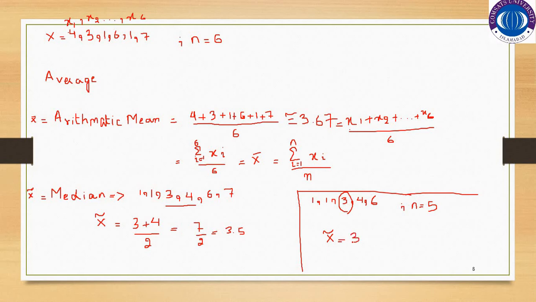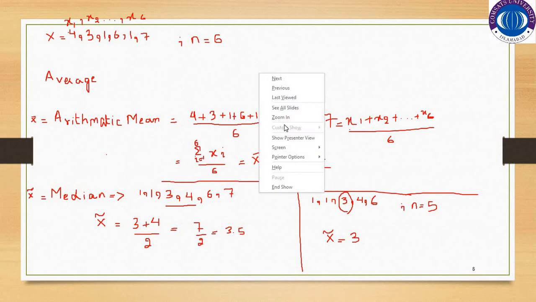So this is the way to calculate the median when the number of observations is odd, and this is the way to calculate the median when the number of observations is even. And this is our arithmetic mean. How to calculate the mode?